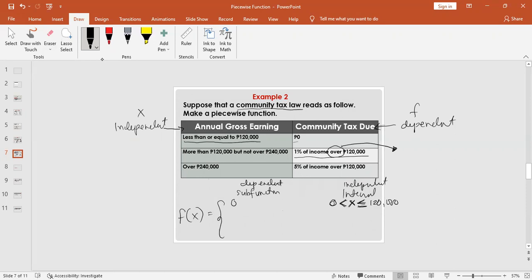Instead of over, 1% of income exceeding to 120,000 for better understanding. Okay? Again, so we will base our second subfunction in this. Okay? So 1% of income exceeding to 120,000 pesos. So, what do we mean by this? Ang kukunan lang daw ng 1% ay yung sosobra sa 120,000 pesos. Okay?